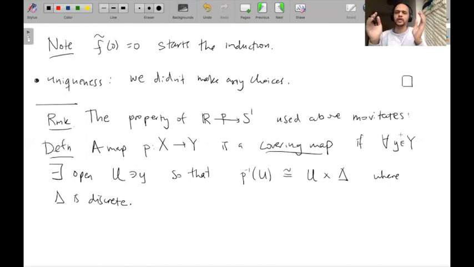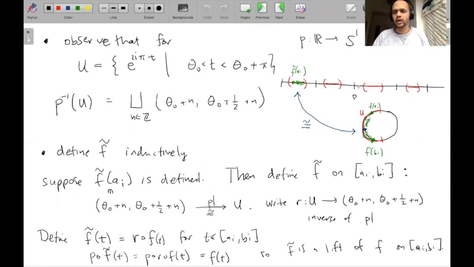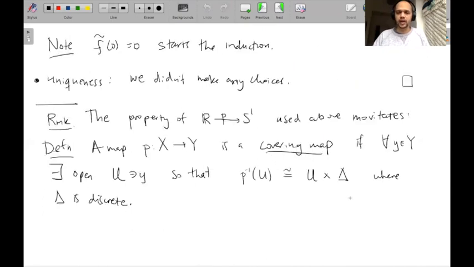It's a disjoint union of sets topologically equivalent to U. And here, in this case, that discrete set is Z. So there's Z many copies of U. And this is the key property that we used to do the path lifting. And you can prove a similar path lifting whenever you have a covering map.